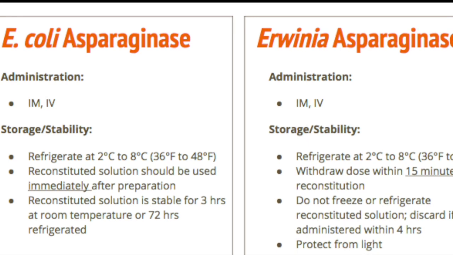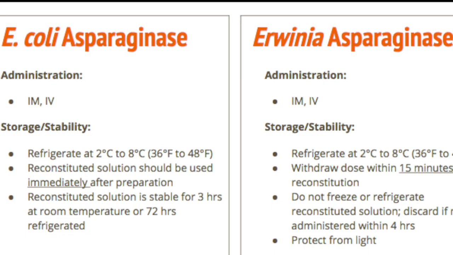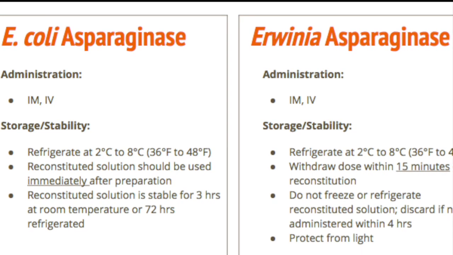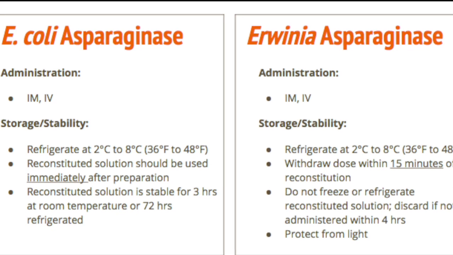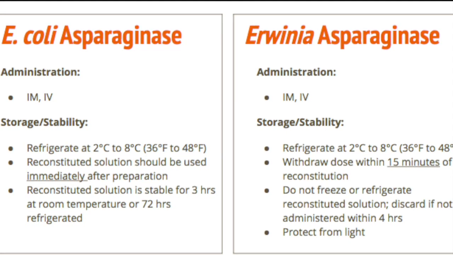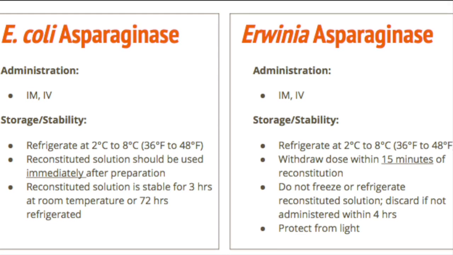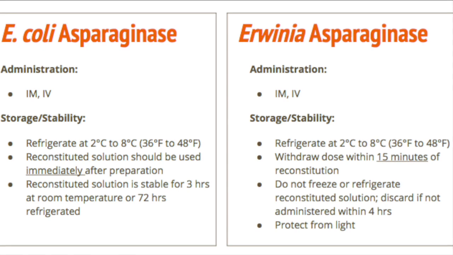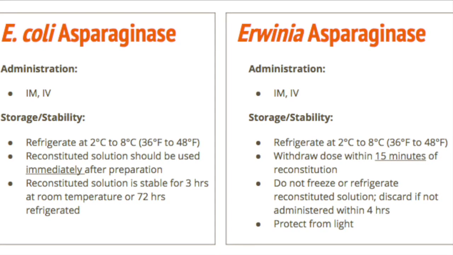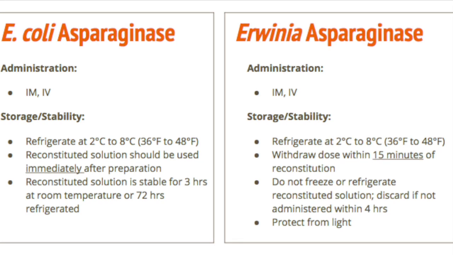However, it is stable for 3 hours at room temperature or 72 hours refrigerated, whereas Erwinia formulations are to be used within 15 minutes of reconstitution. Also, it is important that in the Erwinia formulations, you do not freeze or refrigerate the reconstituted solution, and it should be discarded if not administered within 4 hours. It should also be protected from light.